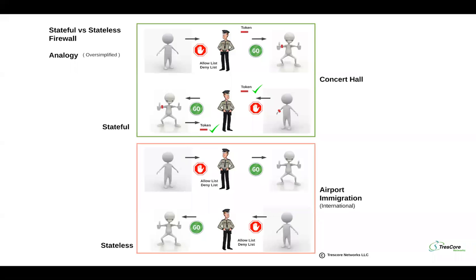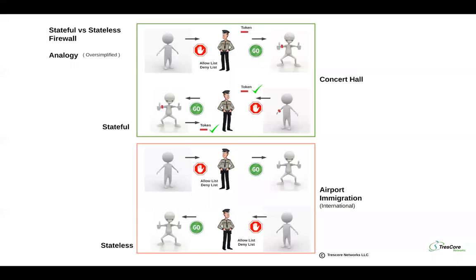Whereas in a stateful firewall, the first time you are allowed, you are given a token, they call it a session token. As long as you are on the same session token, your token is in the session table. The rules are not evaluated every time. So that's the difference between stateful and stateless firewalling.